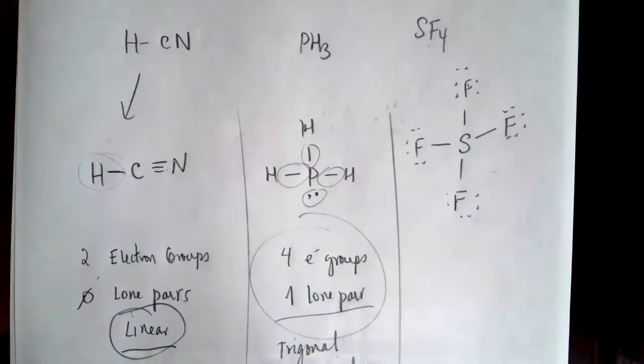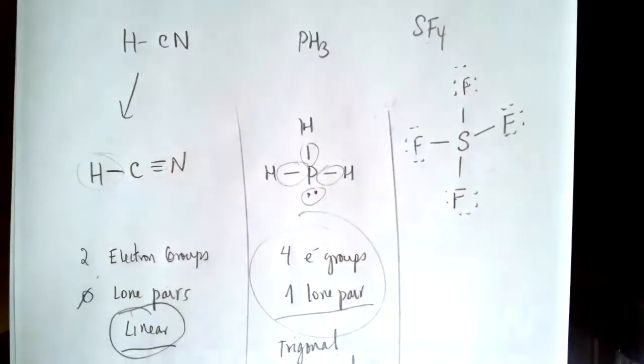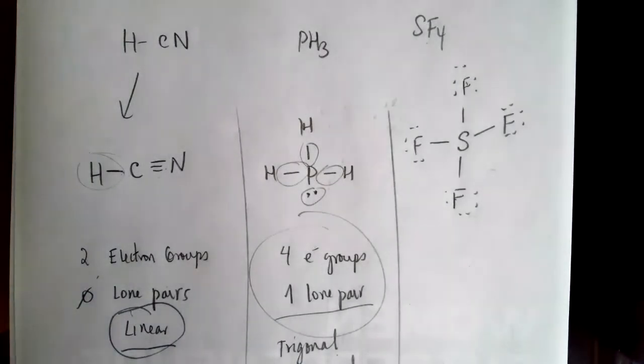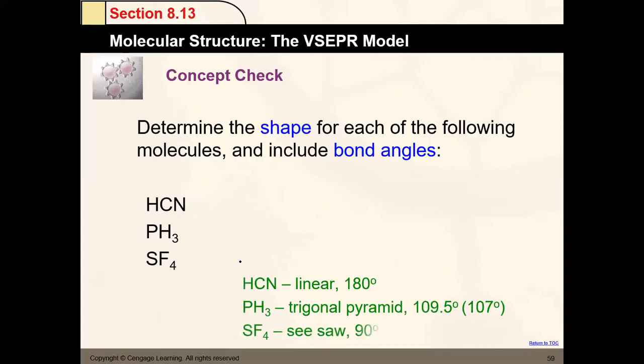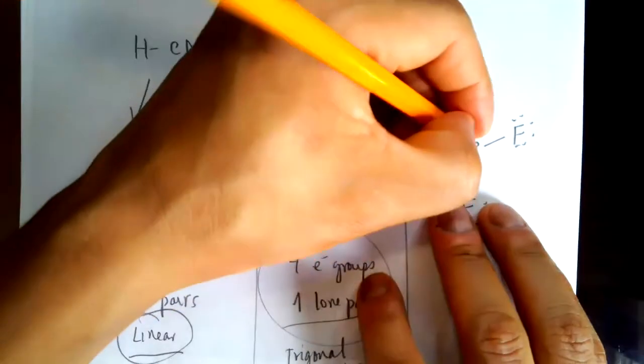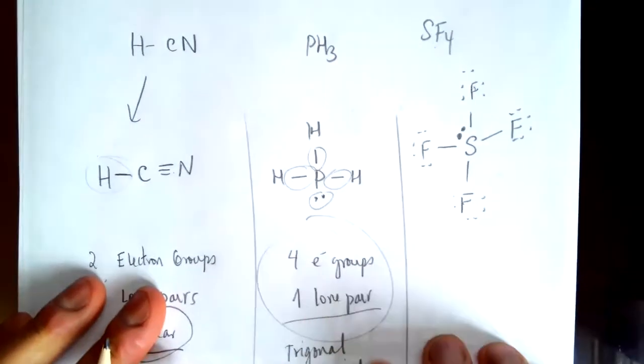For this one it should be a seesaw, because it's 6 valence electrons, right?